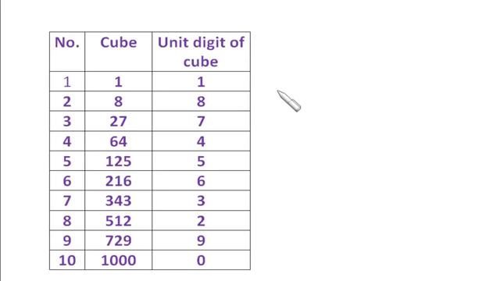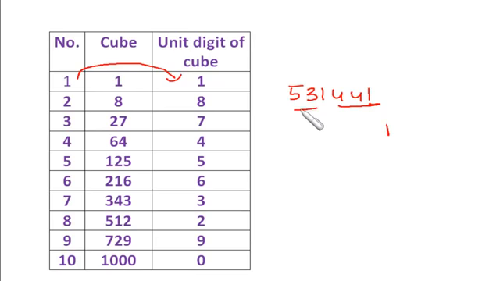The next number is 531441. In this number the unit digit is 1 and the cube of 1 is also 1. So we'll have 1 at the units place of the cube root.